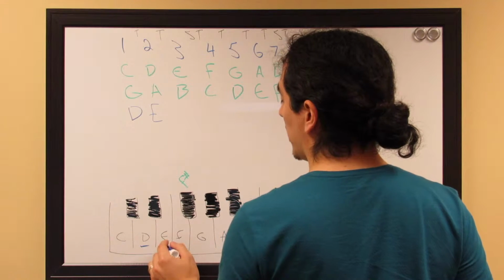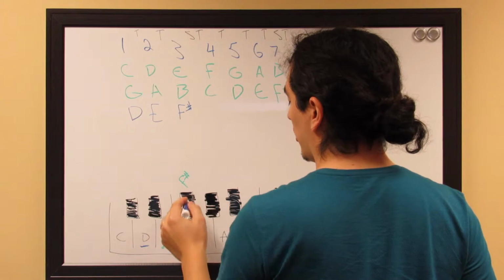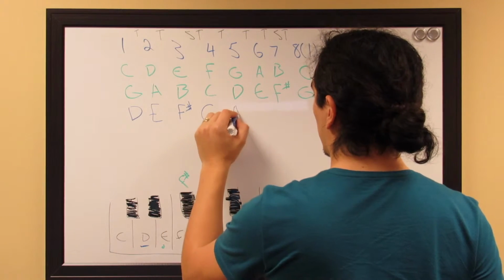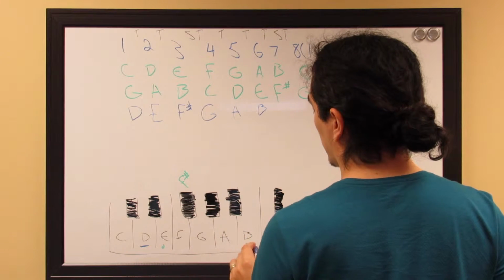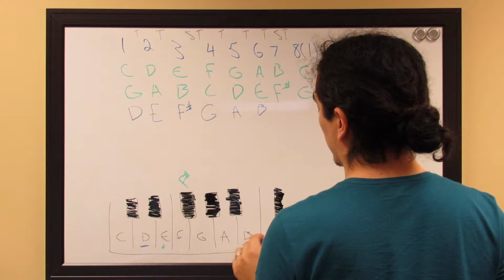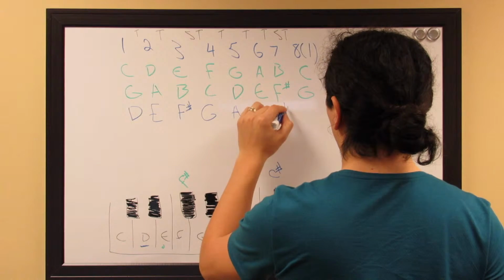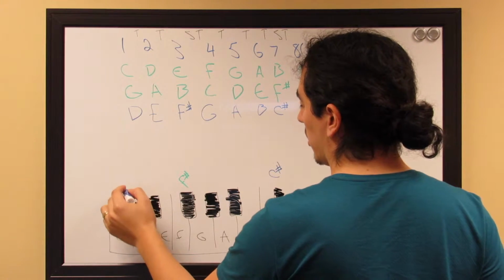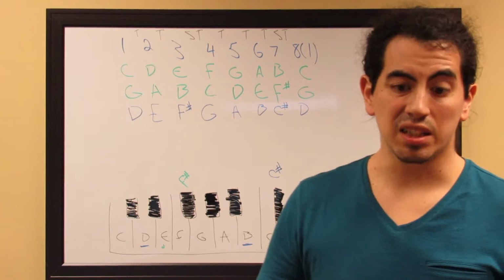Go up a tone from E to F sharp, semitone to G, to A, to B. This time the tricky one is B. Instead of going to C, you go to C sharp. And then from C sharp, go up a semitone, you end up at D again.